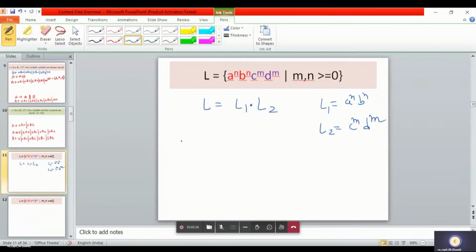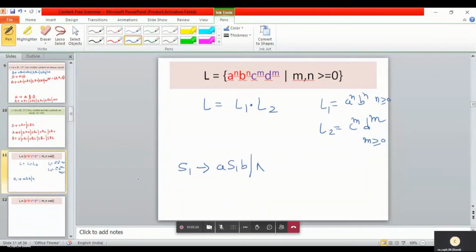So now for this L1 language, I can write a grammar like this: S1 gives A S1 B or null, because n is greater than or equal to 0.